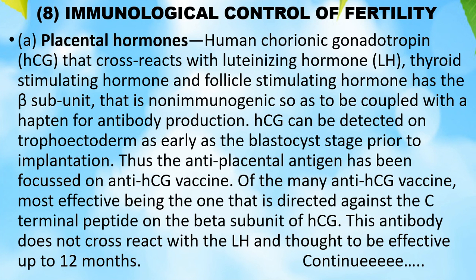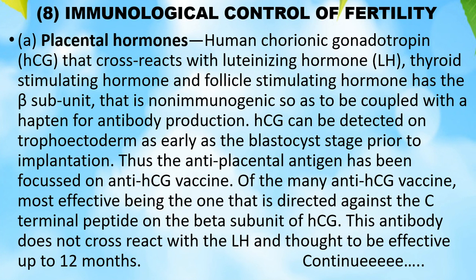HCG can be detected on the trophectoderm as early as the blastocyst stage, prior to implantation. Thus, anti-placental antigens have been focused on for the anti-HCG vaccine.